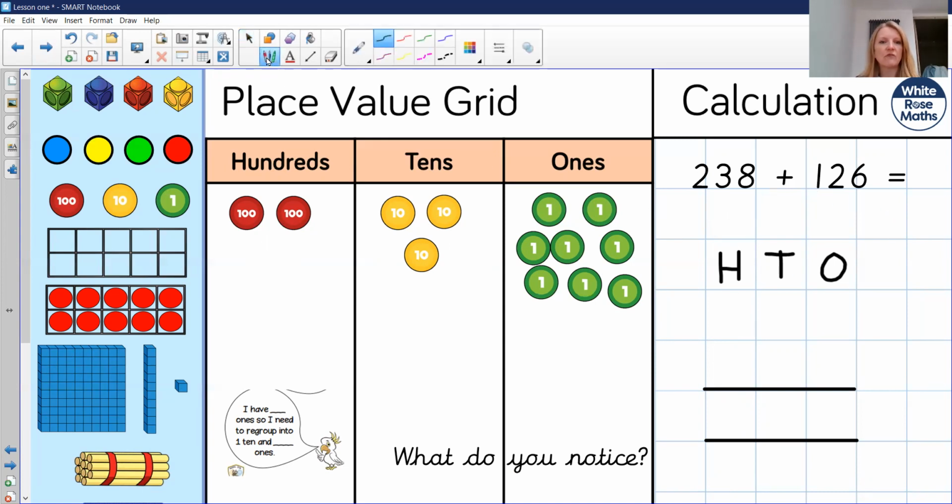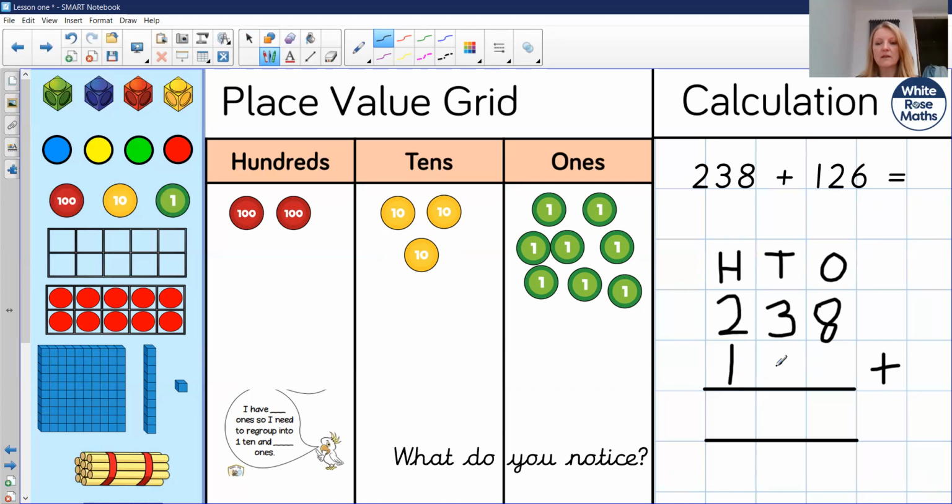And we need to add 126. So I'm going to write that into here first of all. So I've got 238. I need to make sure that my hundreds are in the hundreds column, my tens are in the tens column, and my ones are in the ones column. There's 238. I'm going to add 126.